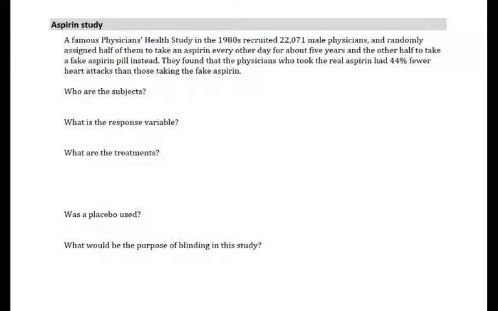So the subjects are the individuals in the study. This is the 22,071 male physicians. And the response variable is heart attacks. We're trying to measure the impact of aspirin on heart attacks.